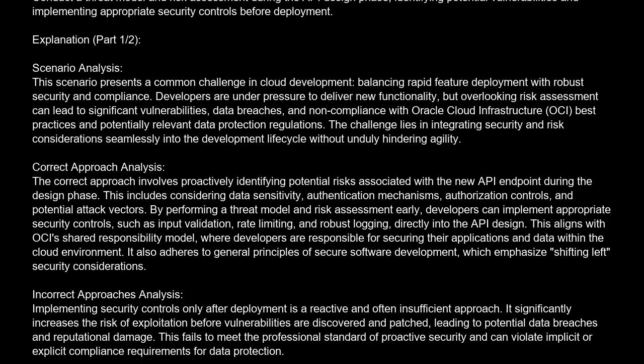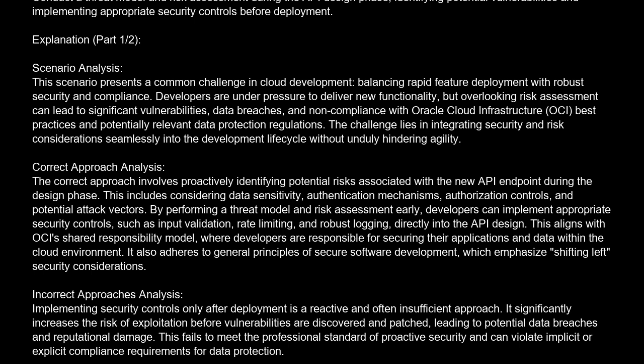By performing a threat model and risk assessment early, developers can implement appropriate security controls, such as input validation, rate limiting, and robust logging, directly into the API design. This aligns with OCI's shared responsibility model, where developers are responsible for securing their applications and data within the cloud environment. It also adheres to general principles of secure software development, which emphasize shifting left security considerations.